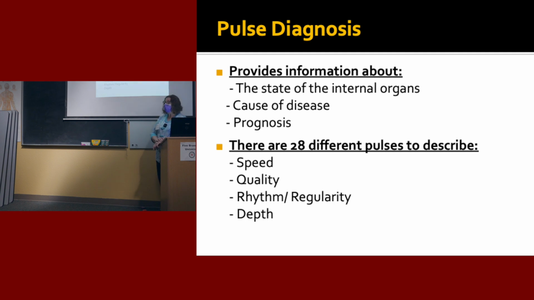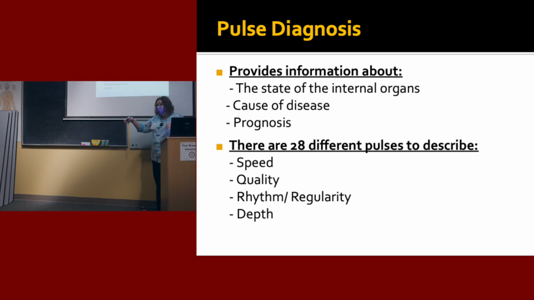There are 28 different types of pulses that you learn. They're qualified by their speed, so is it quick or is it slow? The quality: is it choppy, is it tight, is it wiry, is it slippery? For example, wiry is the sensation. Any one of you play guitar or any string instrument?